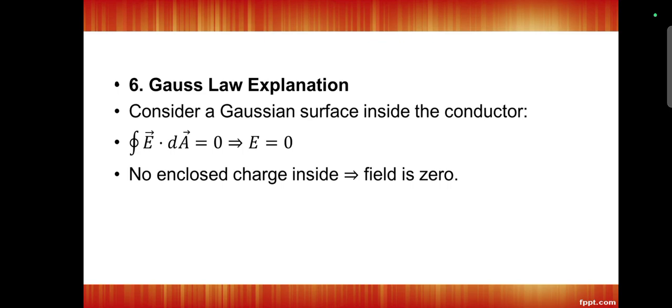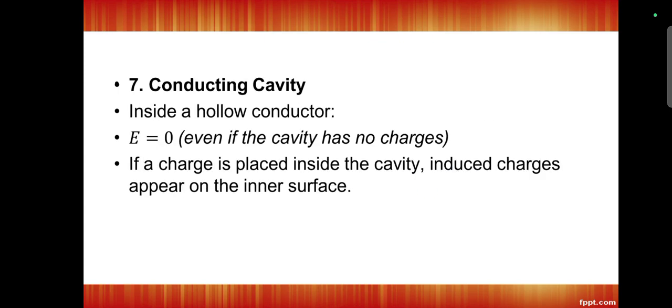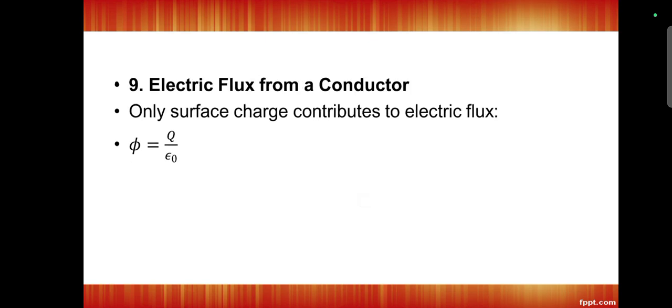Then the conductor cavity: inside the hollow conductor, E equal to 0 even if the cavity has no charges. If a charge is placed inside the cavity, induced charges appear on the inner surface. For the electric flux from the conductor, only surface charge contributes, that is phi is equal to Q divided by epsilon naught.